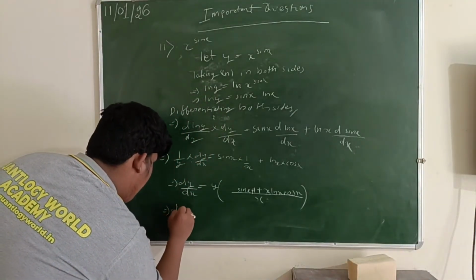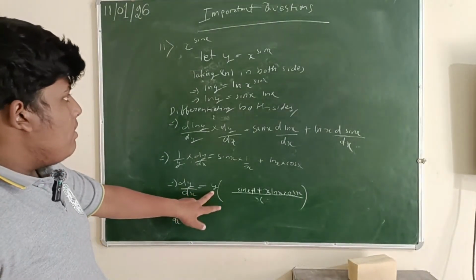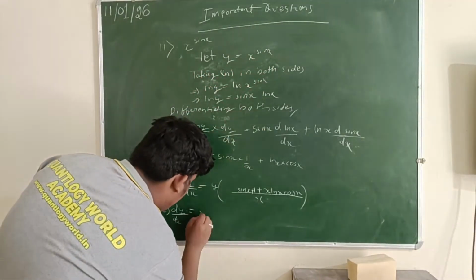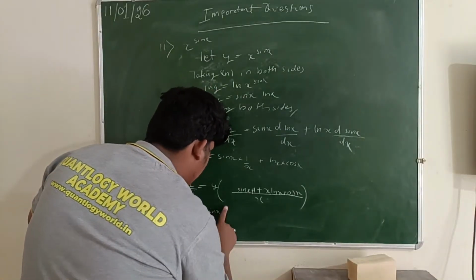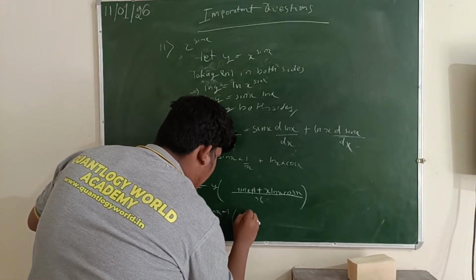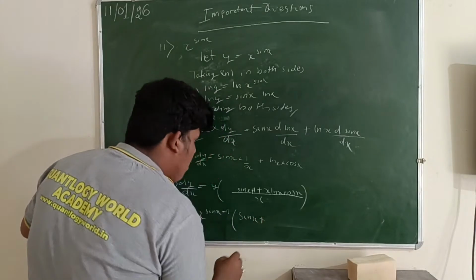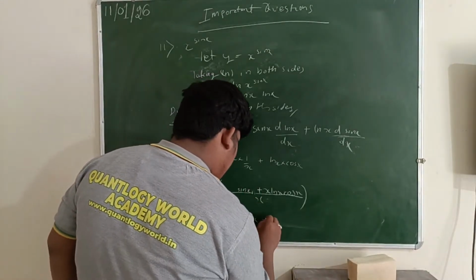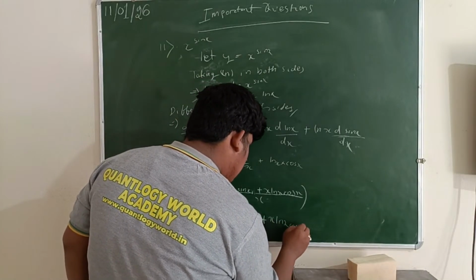Implies that dy by dx equals, now we'll put here the value of y that we took before, that is x to the power sin x, x to the power sin x minus 1 into sin x plus x ln x cos x.